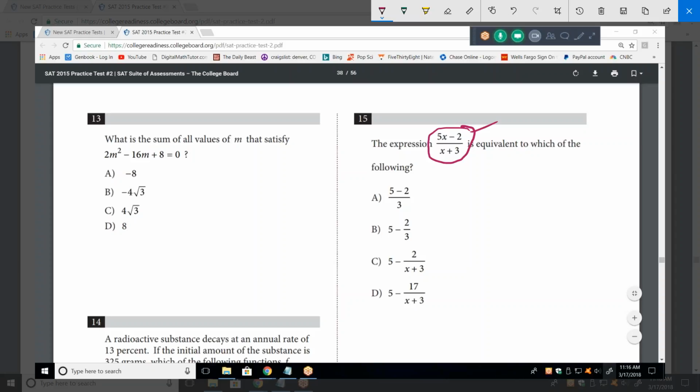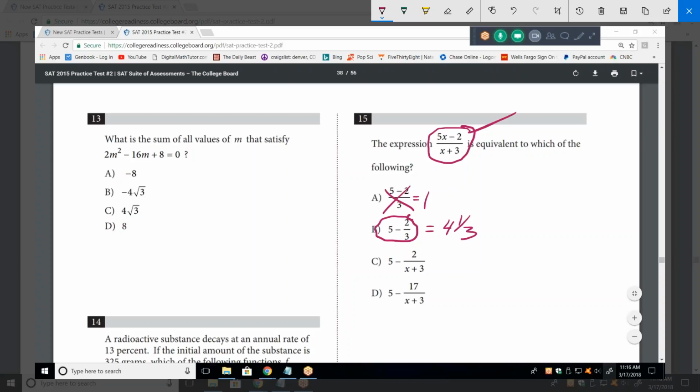Is there any way that's equal to 1, which is what that says? No, it's impossible. In other words, the numerator would have to be the same as the denominator for that fraction to be equal to 1. Yeah. So that can't be right. Is there any way it's equal to just a number? That would be 4 1/3. The only way that's equal to 4 1/3 is if the x's cancel.